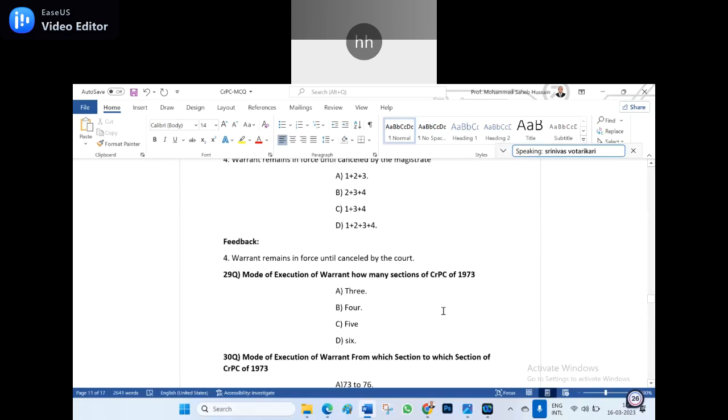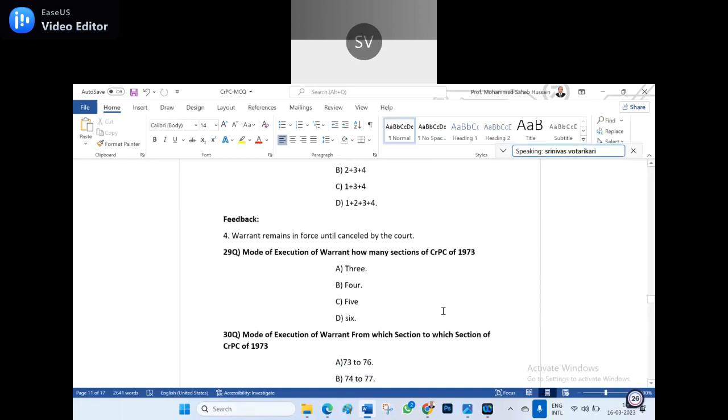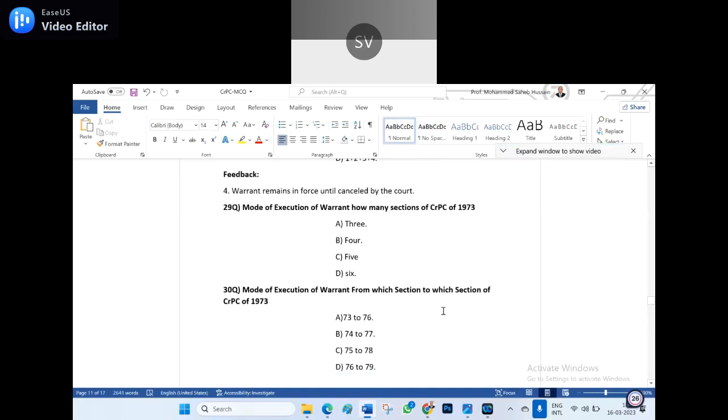Now the 29th question: mode of execution of warrant, how many sections of CRPC 1973? A, 3, B, 4, C, 5, D, 6. Sir, I think A, three, sir. Is it only 3 sections or 4 sections? The answer is 4 sections are there. Now here it will be clear whether it is 3 or 4.